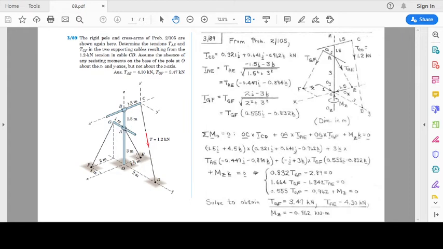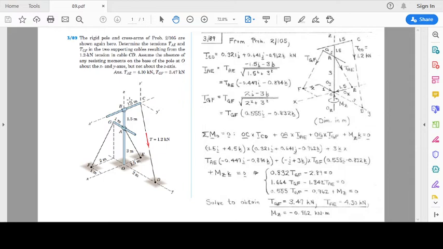One is from A to E, where E is a fixed point on the ground, and the other cable is GF, which is fixed at the ground at point F. So these points E and F are in the horizontal plane, which is the XY plane. So we have to find these two tensile forces. These tensile forces result from the tension in this cable, which is 1.2 kilonewton.